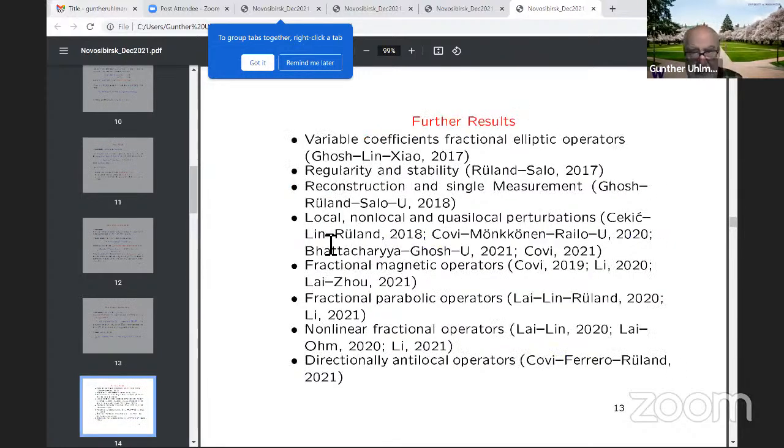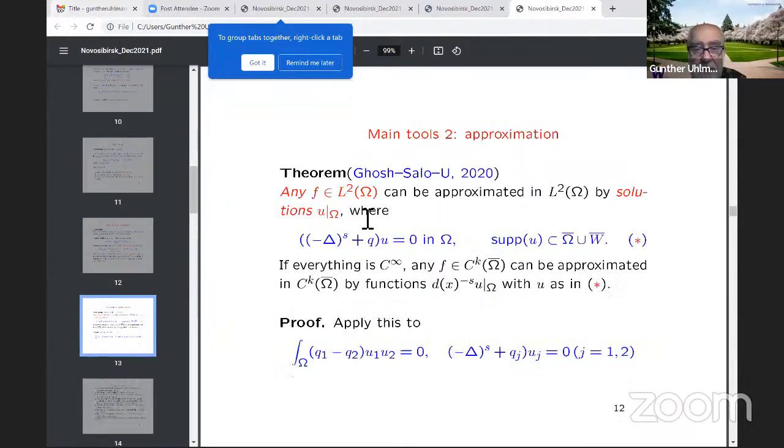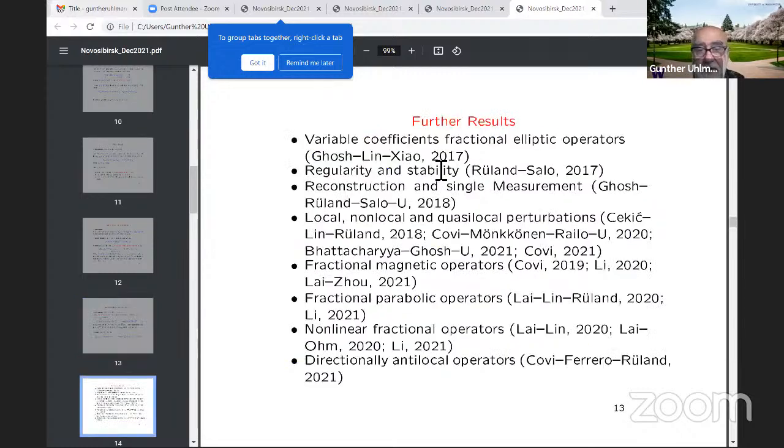There are many results using this technique or similar techniques. One important one is variable coefficient fractional elliptic operators, when instead of the standard Laplacian you have, say, the Laplace-Beltrami operator of a metric, or a divergence type second order elliptic operator, and again those types of results are not available in dimensions 3 or higher for the standard Calderon problem.